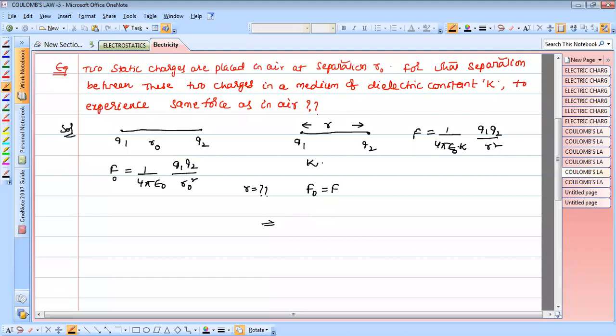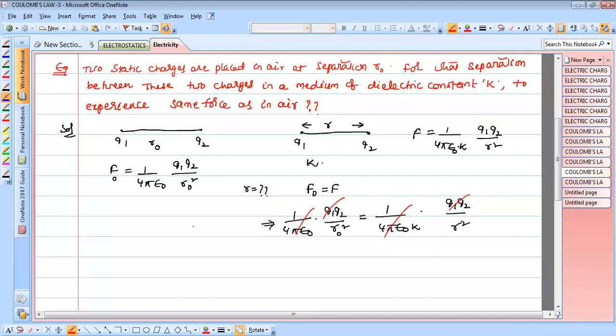Now F naught equals 1 by 4 pi epsilon naught Q1 Q2 by R naught square equals 1 by 4 pi epsilon naught into K Q1 Q2 by R square. Now Q1 Q2 cancel, and 1 by 4 pi epsilon naught cancels.